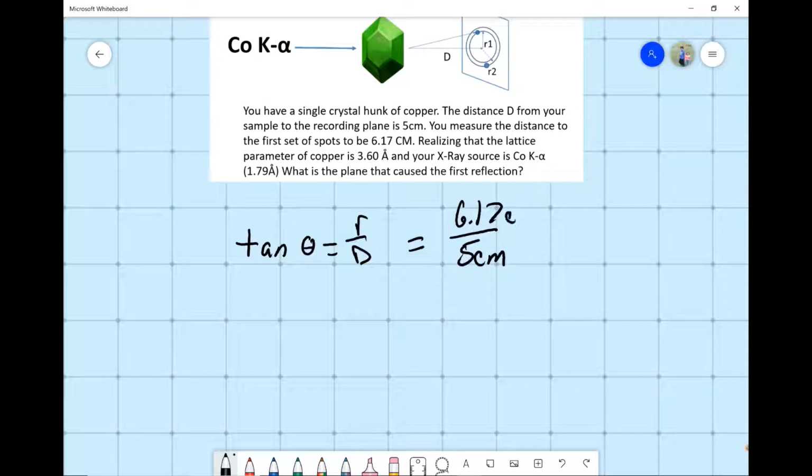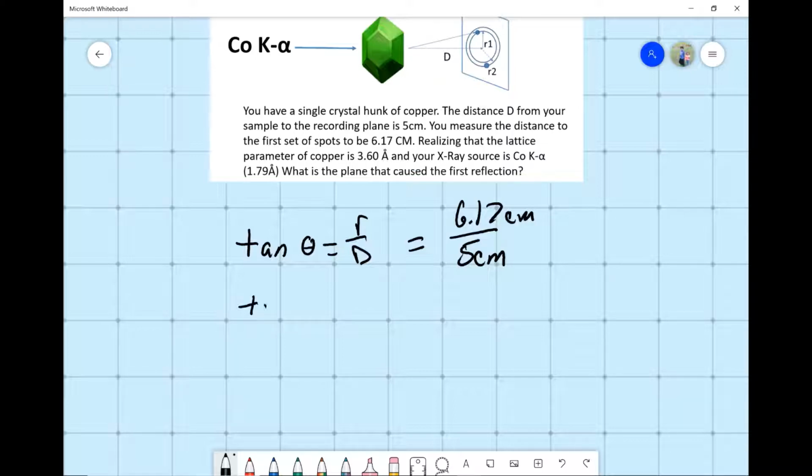If you look at a single crystal diffractometer, the distance to the recording plane is much smaller than the size of the recording plane itself, so this already makes some sense. So 6.17 centimeters over 5 centimeters.